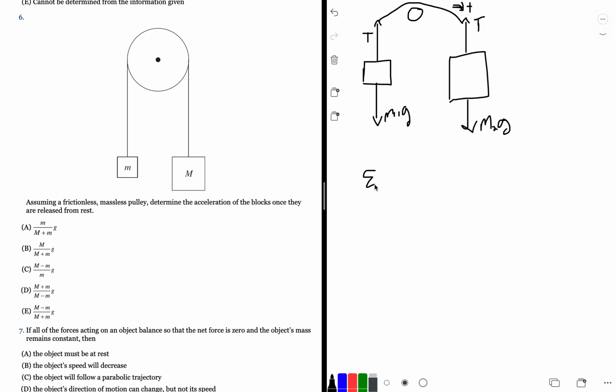Well, let's see. The net force on the second block is equal to m2 g minus tension equals m2 a.